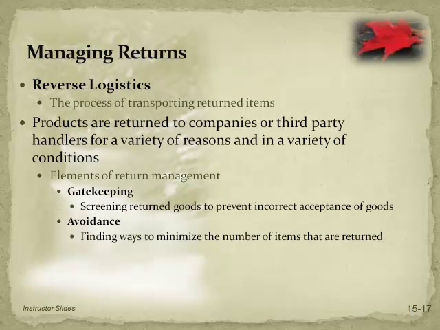On the opposite end of the supply chain is reverse logistics. When we looked at the diagram for the supply chain, one of the flows that we identified was the material flow, and the material flow goes from the back end of the supply chain to the front end.